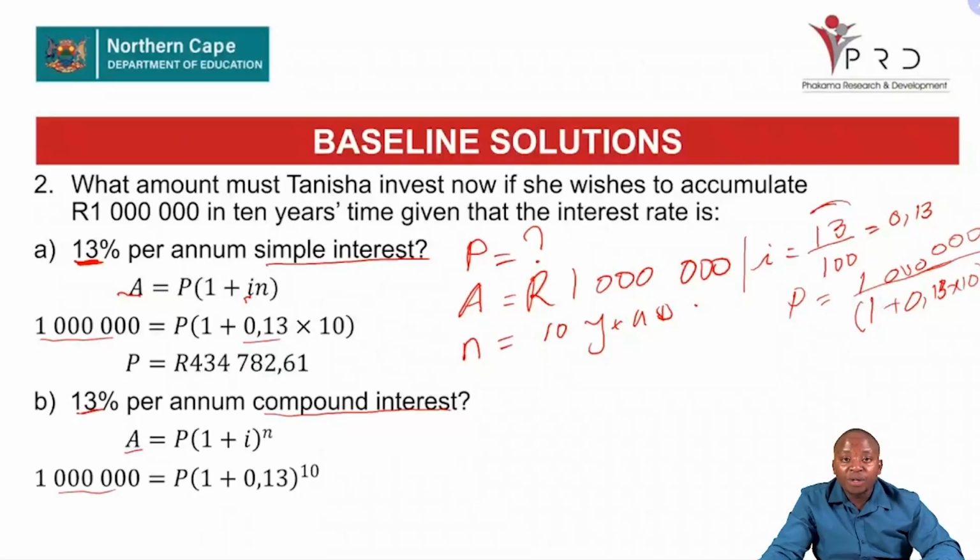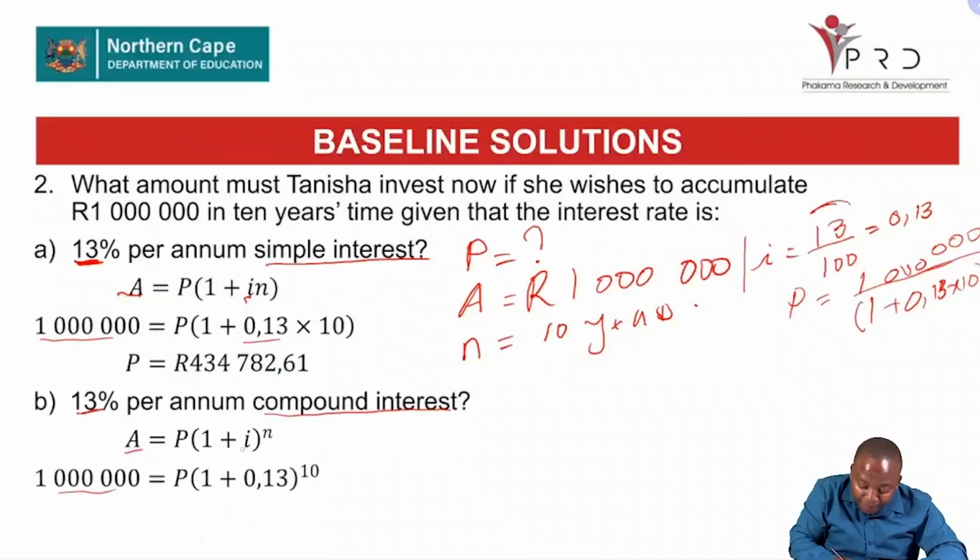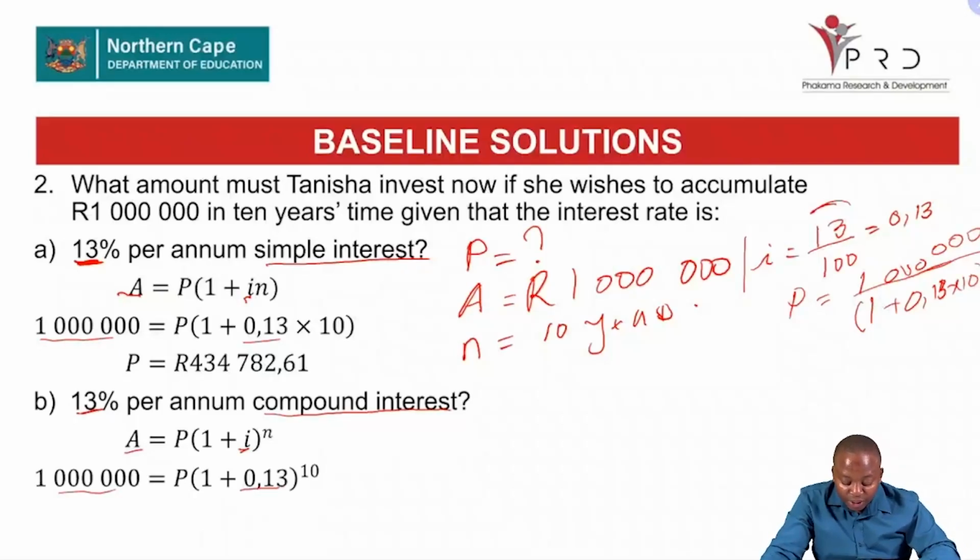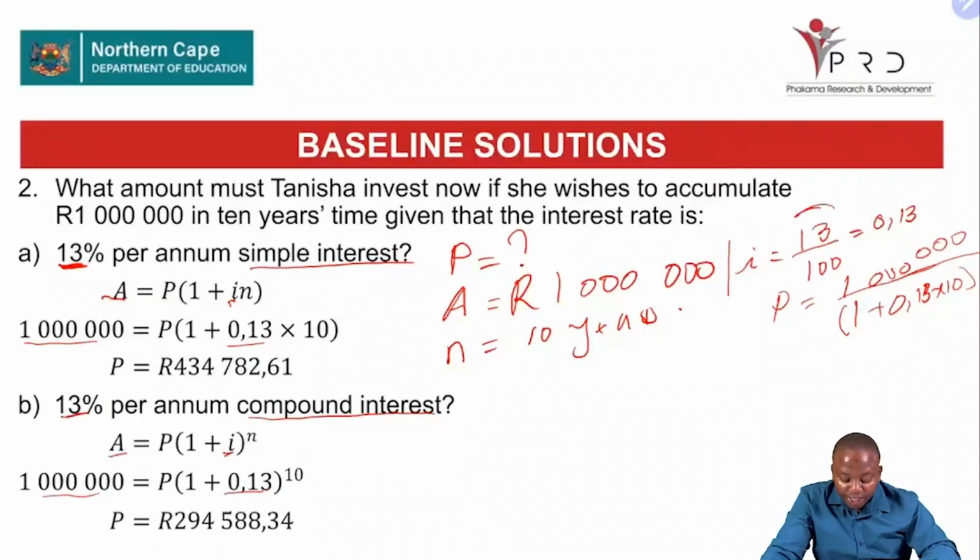P is the unknown, as it is the amount that I want to invest right now, into 1 plus 0.13, which is our I that we got from our rate, close bracket to the power n, and n in this case was 10. We find that P is 294,558.34.